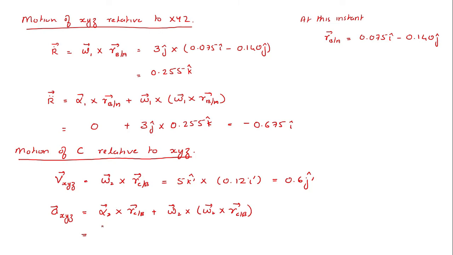As I told you, the disk is also rotating with a constant angular velocity, so this entire term will become 0, plus omega 2, which is 5 k' cap, cross omega 2 cross r_C/B, which we have already obtained here, that is 0.6 j' cap. If you solve this, you would get minus 3 i' cap.